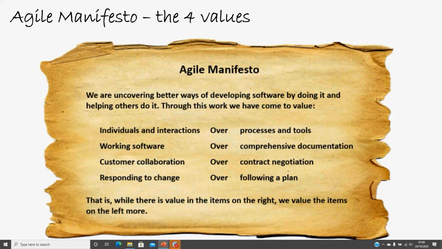And then in the year 2001, 17 developers came together to discuss a lightweight method for software development. They came up with a manifesto which had 4 values and 12 principles in it to make the software development process more agile.